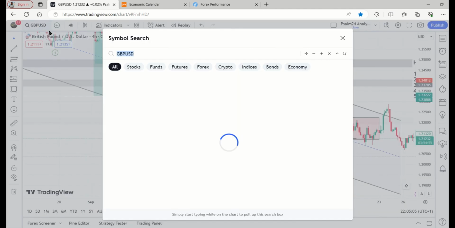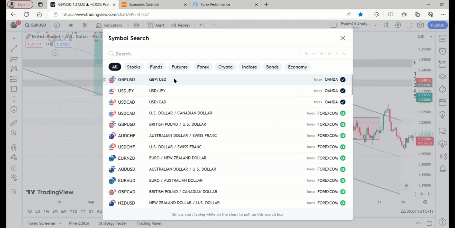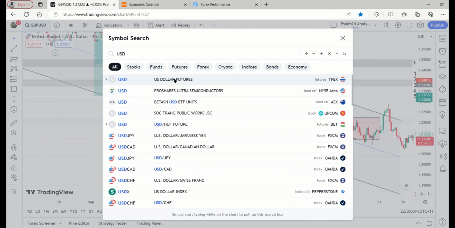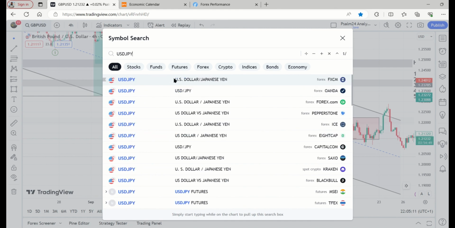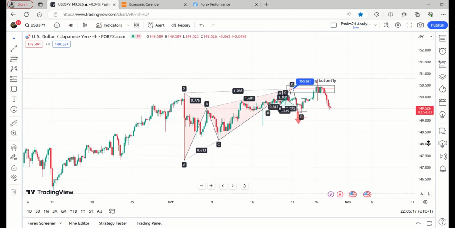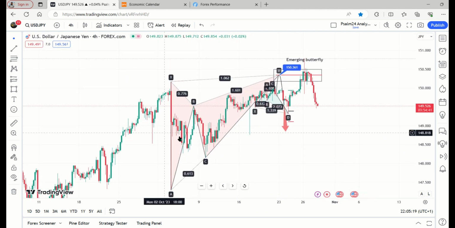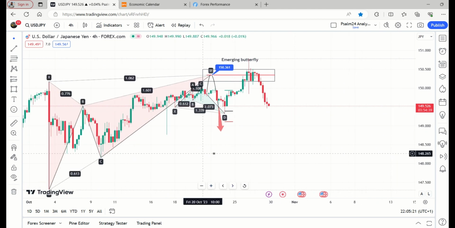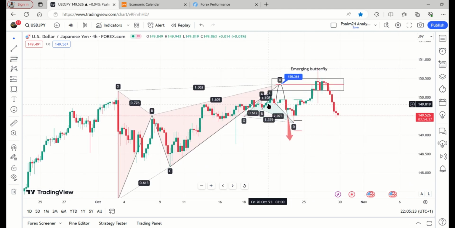I think I have one here. Let me quickly show you for those who might just be joining us for the first time. If you look at this particular pair, we spotted an emerging butterfly, and that was exactly what happened on USD JPY.